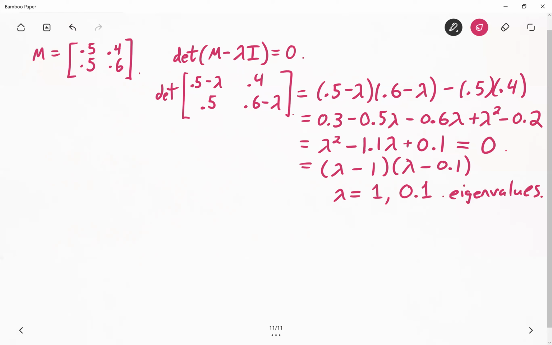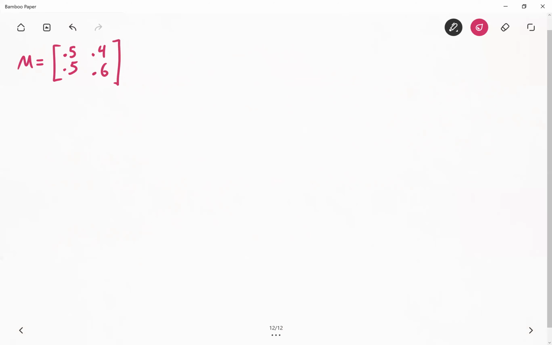Next, we're going to calculate the eigenvectors. All right, so next page. Again, as a helpful reminder, the matrix is 0.5, 0.5, 0.4, 0.6. Let's first do the eigenvalue lambda equals 1. Remember, we're solving M minus lambda times I times the eigenvector v equals the 0 vector.